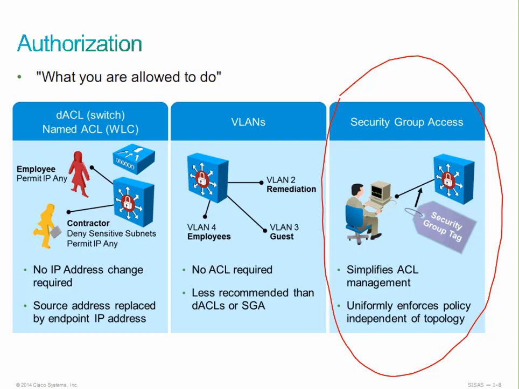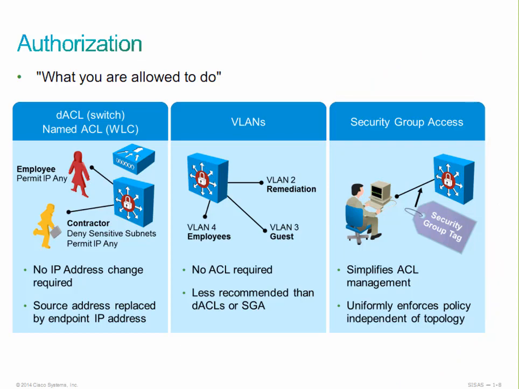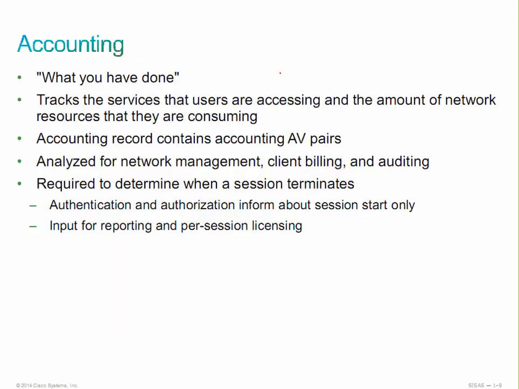So we keep our logical design the same at the access layer, but we allow policies and services to be applied based on different business requirements for individuals connecting to the network at different points in the network. So lots and lots of options there. We're going to go in depth on all of these different technologies and how ICE can help us with them a little bit later on.